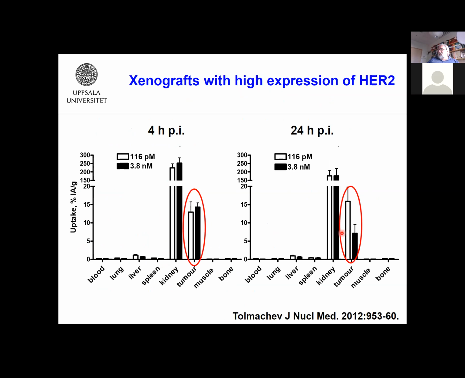However, if we had a longer time, the low affinity Affibody molecules were cleared from the tumor, and tumor uptake was lower, while high affinity remained at the same level.